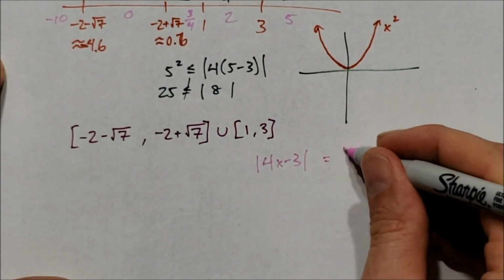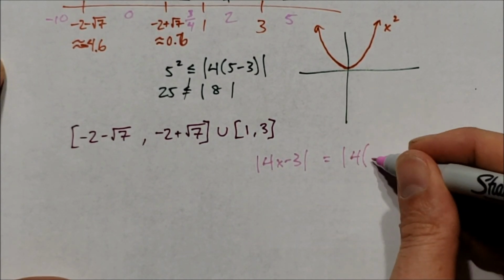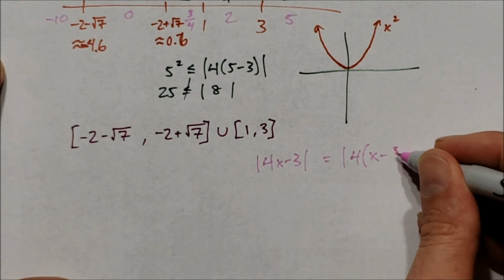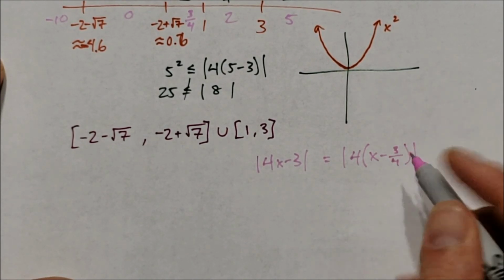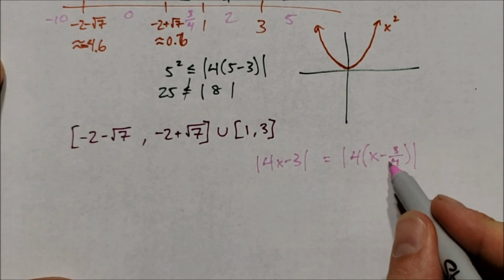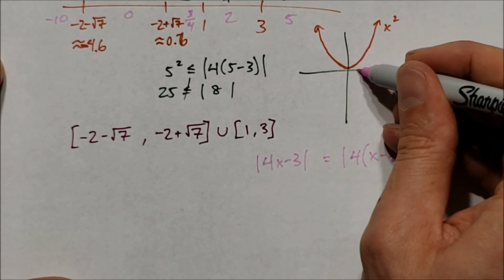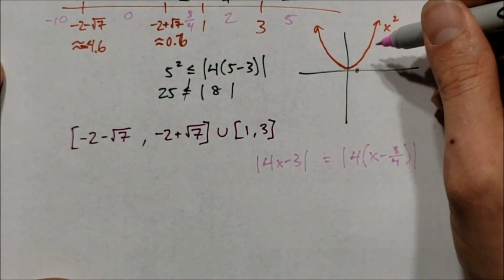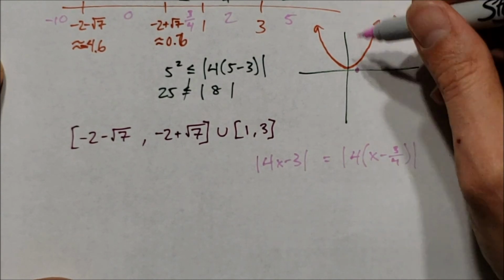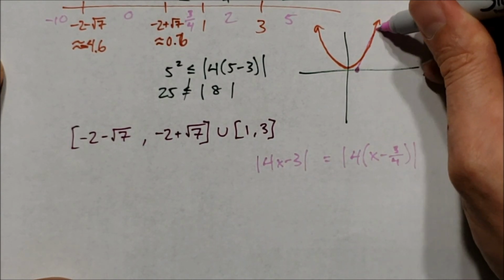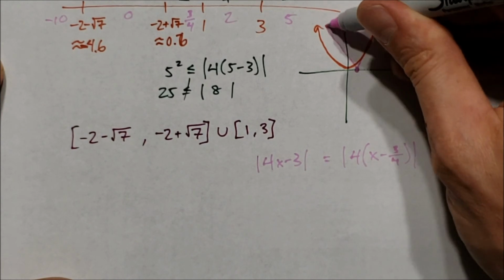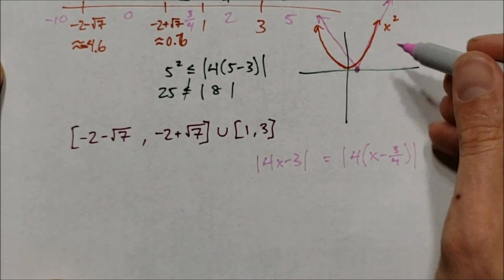Let's rewrite that by factoring out the 4. We have x minus 3/4. So this is going to be shifted to the right 3/4, right there, and it's going to be 4 times as steep. So it's looking something like this.